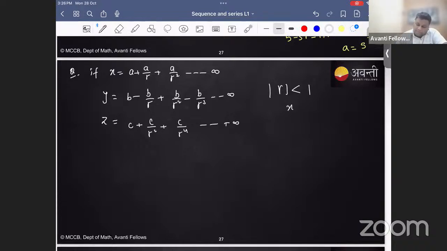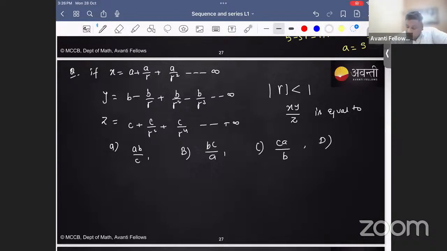Then xy upon z is equal to, A option is AB upon C, B option is BC upon A, C option is CA upon B, and D option is AB square upon C. Yes, give it a try.